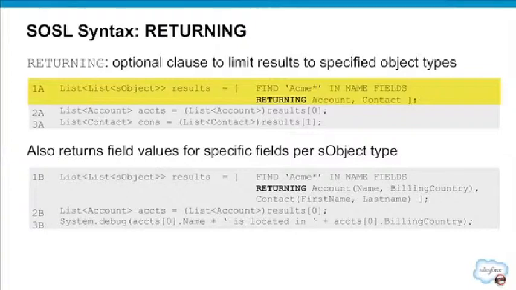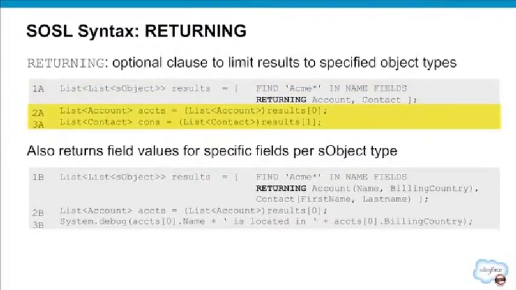Now, the way that this works is that the order that you list the sObjects that you're searching across is the order that you're going to find them in the list of lists of sObjects. So because we listed account first, that is our 0th element within the outer list of lists of sObjects. So here we can get our list of accounts, and then our second item would be our list of contacts.